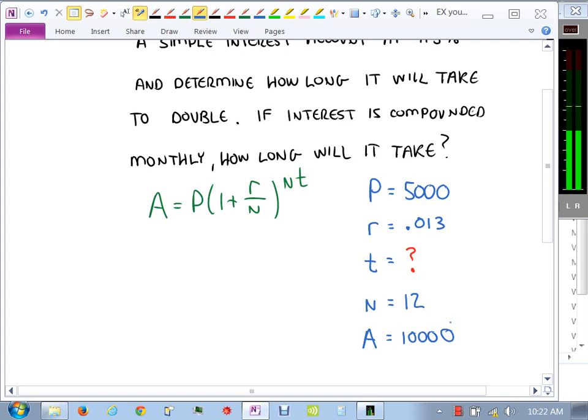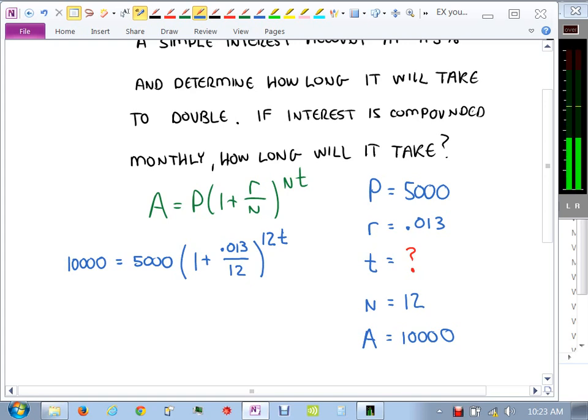So what we're going to do is we're going to rewrite the entire equation out with all those things plugged in. And the only thing we won't have is t, right? So this will become 10,000 equals 5,000 times 1 plus 0.013 divided by 12, all raised to the 12t.